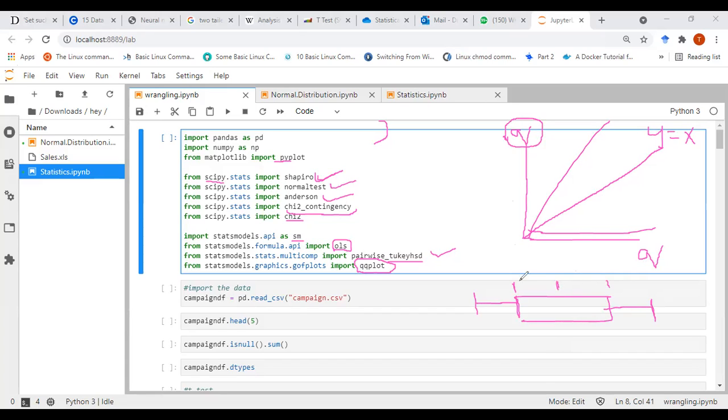So we talk about the 25%, 50% and 75%. In the quantile plot, you are talking about all the numbers here: 1 to 25, 25 to 50, 50 to 75, 75 to 100. And based on that, you make this plot.